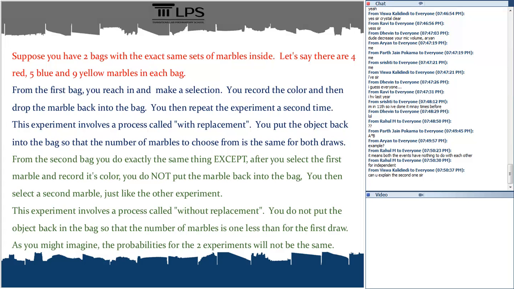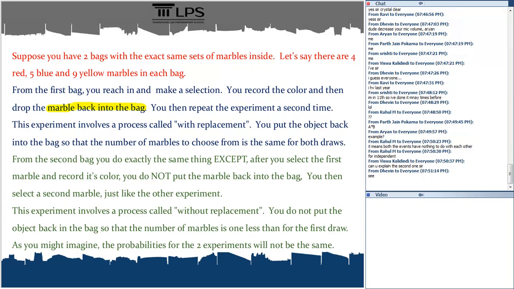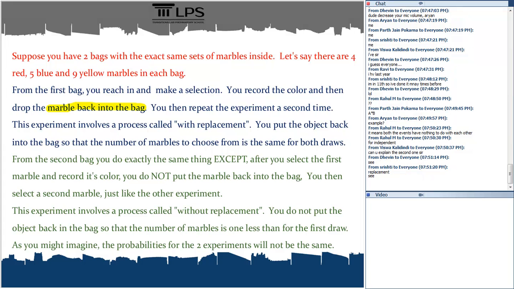So I'll explain both. For the first bag, you reach in and make a selection. You record the color and then drop the marble back into the bag. Okay, this is a very important statement here. You are dropping the marble back into the bag, which means that whenever you are making a draw, whether it's your first draw or second draw or third draw, the total number of marbles is going to remain the same, which in this case is 4 plus 5 plus 9, which is 18.